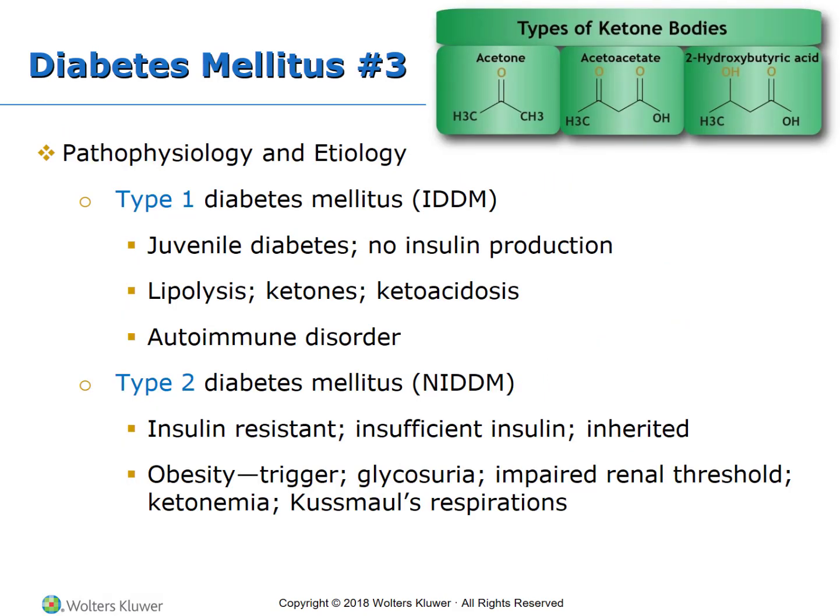Now let's look at the two main types of diabetes, type 1 and type 2 diabetes. Type 1 diabetes was formerly called juvenile diabetes or juvenile onset diabetes. Sometimes we also call it insulin-dependent diabetes. Whereas type 2 diabetes was formerly called adult onset diabetes or non-insulin dependent diabetes mellitus.